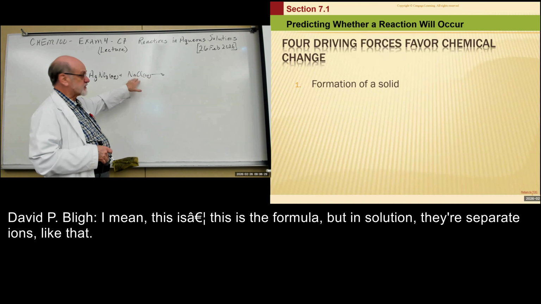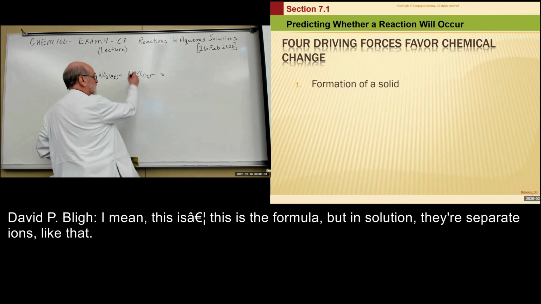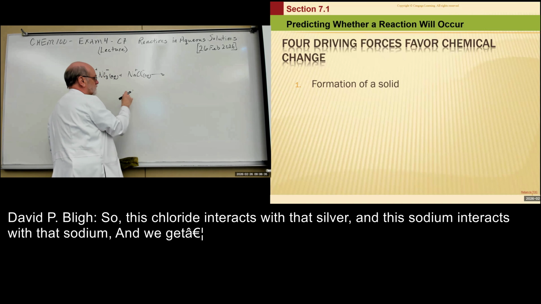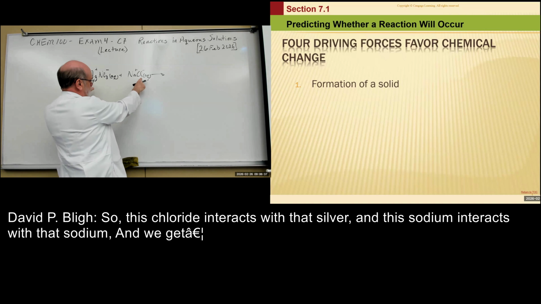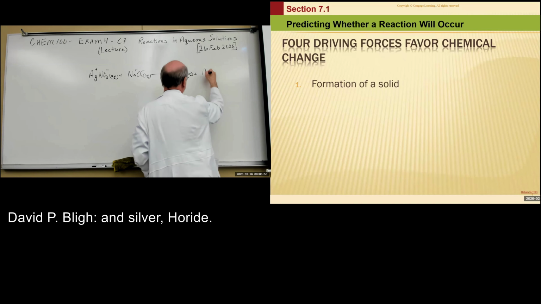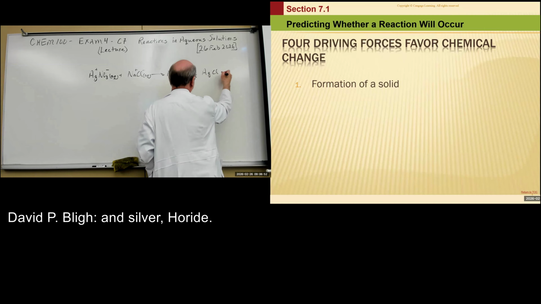So this chloride interacts with that silver, and this sodium interacts with that nitrate, and we get sodium nitrate, which is still soluble, and silver chloride, which is not soluble. So that's the driving force for this reaction, producing solid.